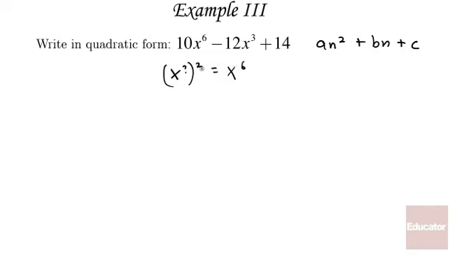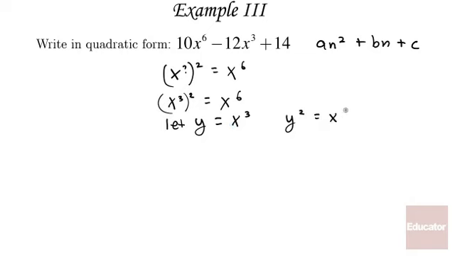Well, if I take 6 and divide it by 2, I'm going to get 3. Therefore, x to the 3rd squared equals x to the 6th, because 3 times 2 is 6. So I'm going to let y equal x to the 3rd. Therefore, y squared is going to equal x to the 6th, because that would be x to the 3rd squared.